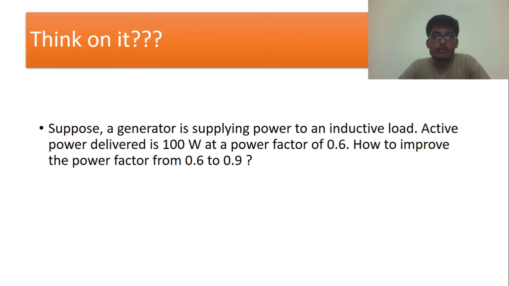And how will you improve the power factor from 0.6 lagging to 0.9 lagging? It is not mentioned over there, but for clarity I am telling you, 0.6 lagging to 0.9 lagging. Okay, so I hope you will just think over it. Thank you.